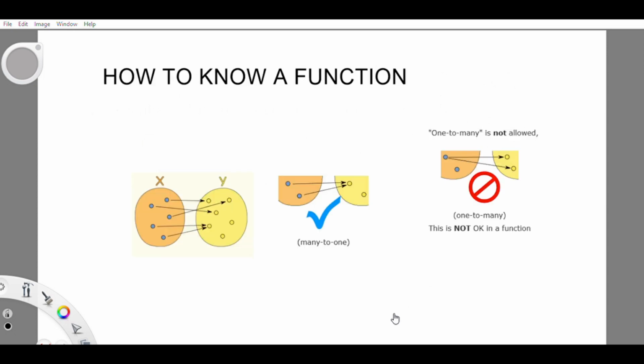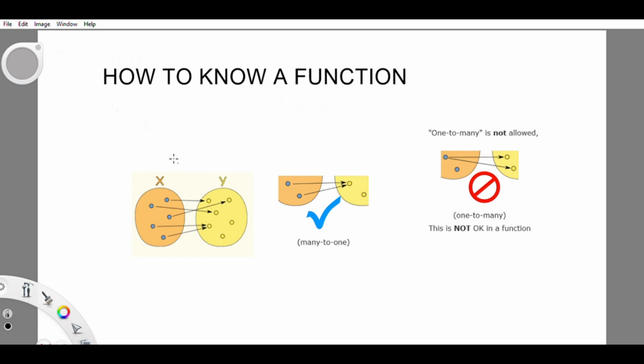Now let's look at how we can identify a function. We have three ways that we can know if we have a function or not. How do we know a function?